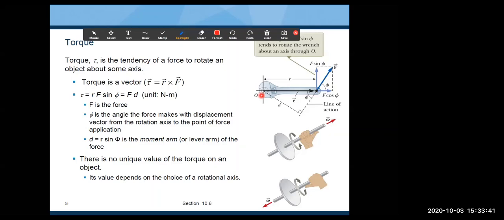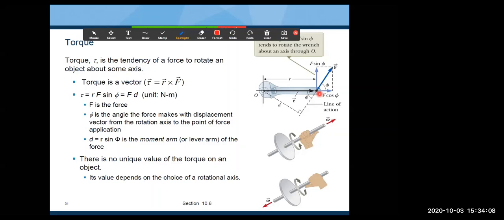By common sense, we know that we need to turn the spanner by applying a force at the end of the spanner. Why at the end? Because if you try to apply the force in the middle, you will find that it is much harder. But if you apply the force close to the end, it would be much easier.